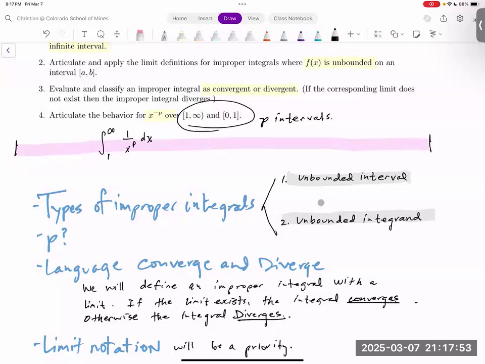And by interval, we mean something like 1 to infinity, where we're used to fixed bounds, say 1 to 2 or 1 to 3 or -3 to 10. This is 1 to infinity. That's an infinite interval, and as such, the fundamental theorem of calculus does not apply here. So this is why we're dealing with improper integrals.